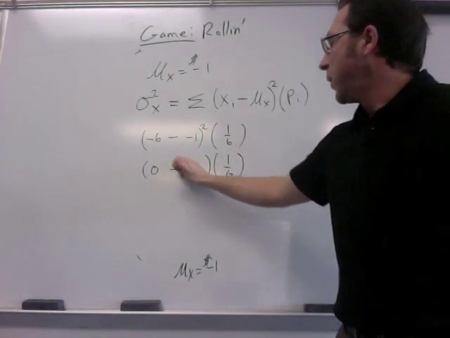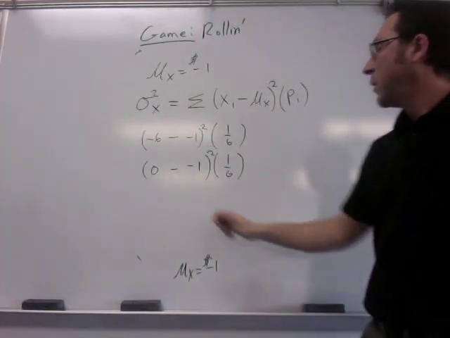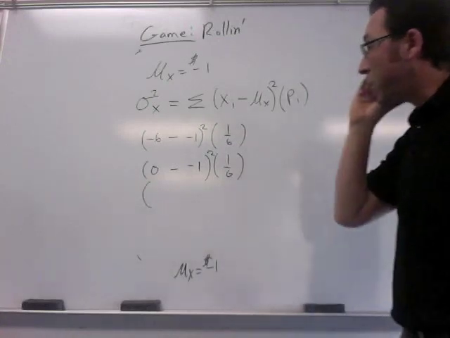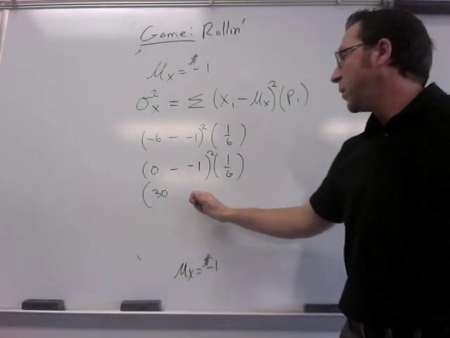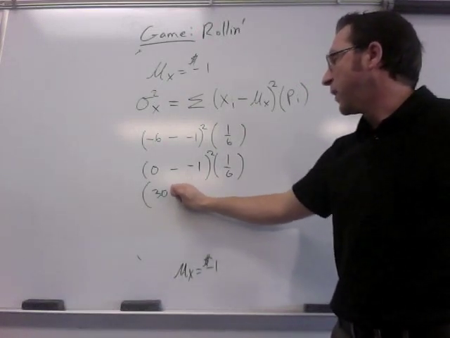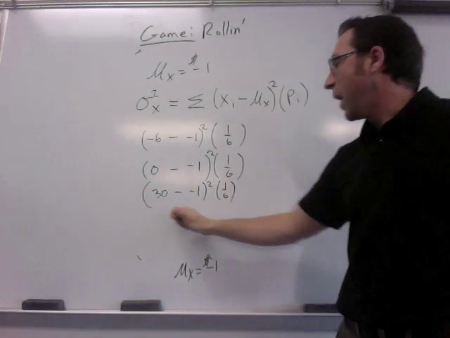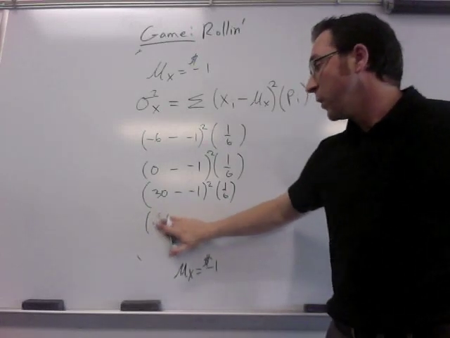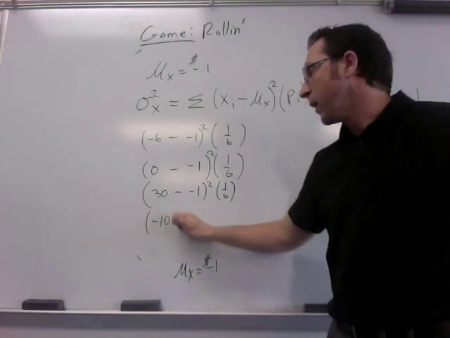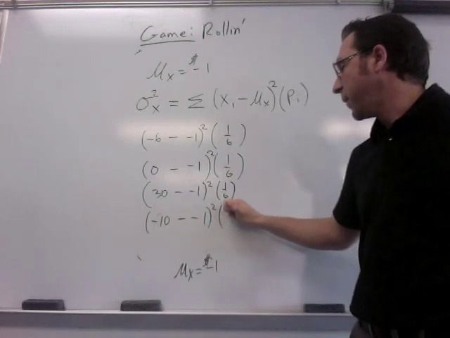And we have to subtract away the expected value squared. The next item on the list was winning $30, and that happens 1/6 of the time. And then finally, winning 0 or losing $10 was the other x, and that happens half of the time.